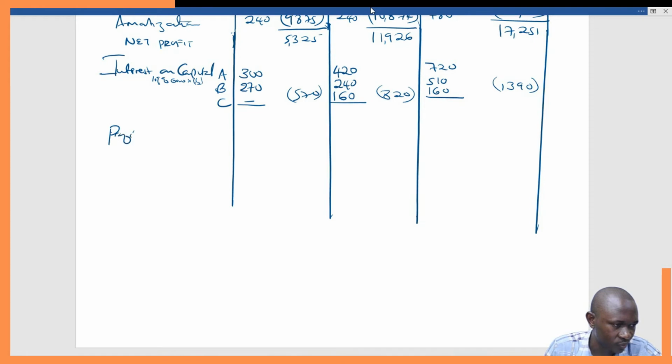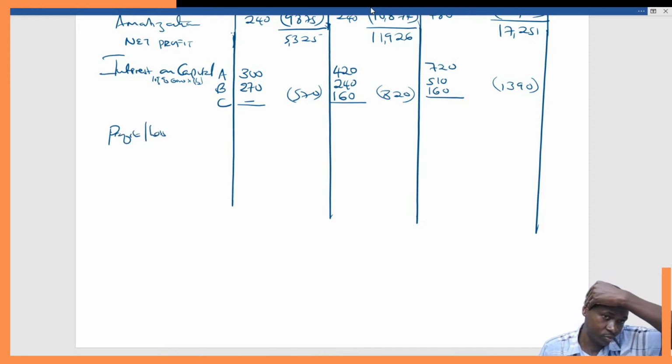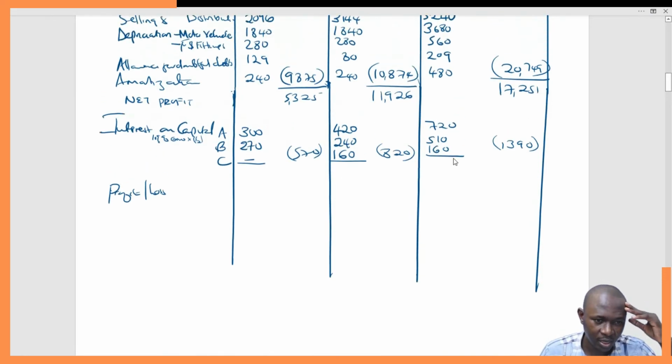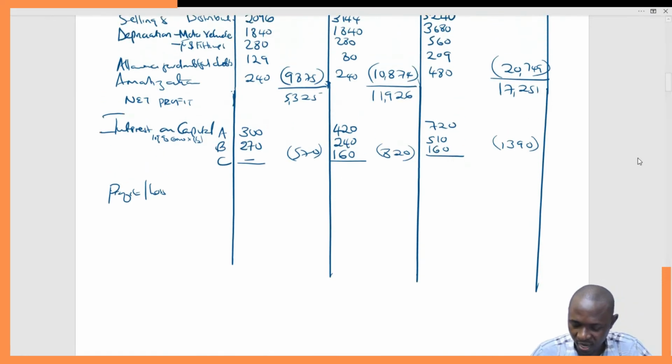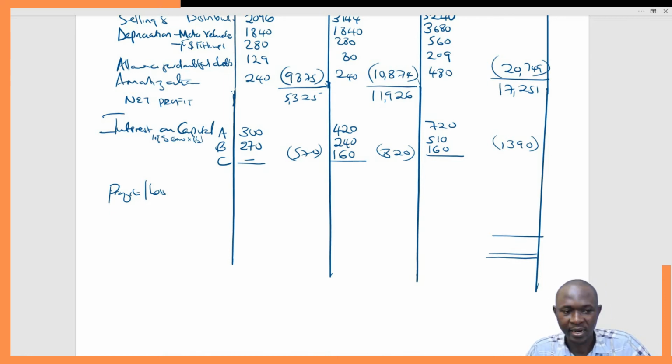So how do we compute profit or loss? This one will have to come from downwards. What do I mean by downwards? We'll start with 17,251 minus 1,390. That gives us 15,861.